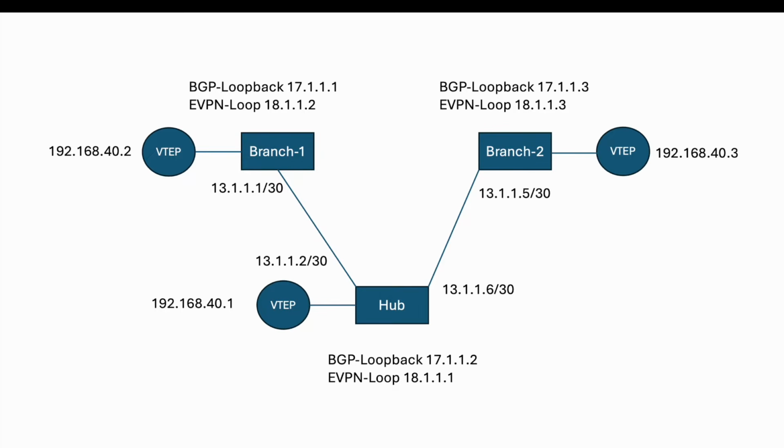So the challenge that the contact was having was that his setup all looked fine from a configuration perspective, but his branches could communicate with the hub, but they couldn't communicate with each other, all right, even though all the routes were there, seemingly.